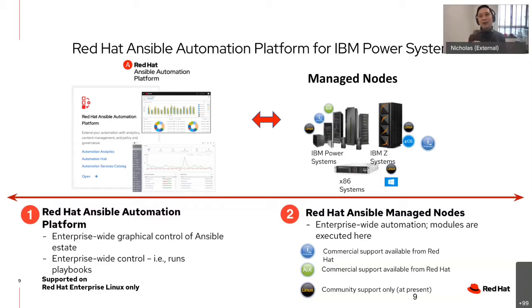So when you purchase the Ansible automation platform subscription, you get commercial support from Red Hat, right? Commercial support for IBM Power Systems, which has AIX, IBM i, all these. And for Linux, it is currently community supported, but they're working hard to get it commercialized as well, right?